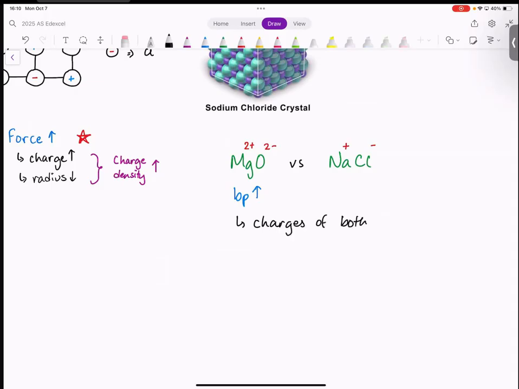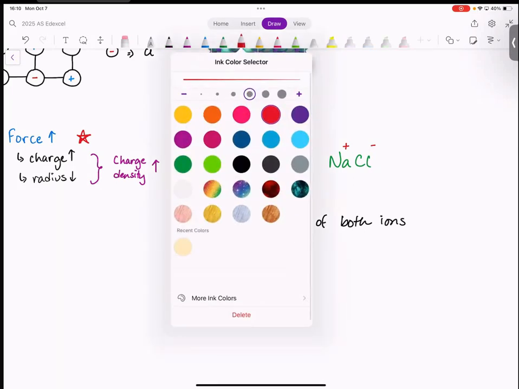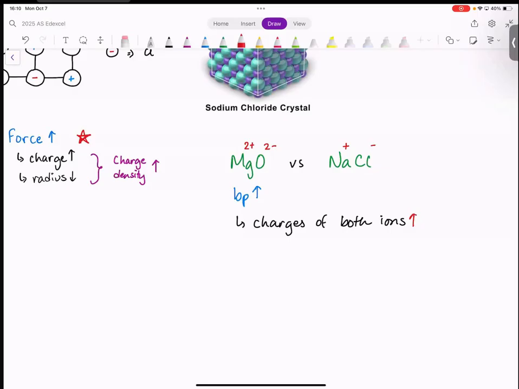If only one ion was changing, like say if we did MgO and Na2O, then you talk about only the cation. So the charges of both ions are higher. This was what you wrote last year as well. And all I'm asking you to add to this is the radii of both ions is smaller.